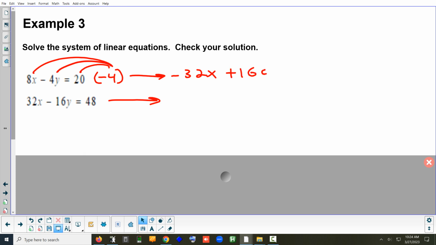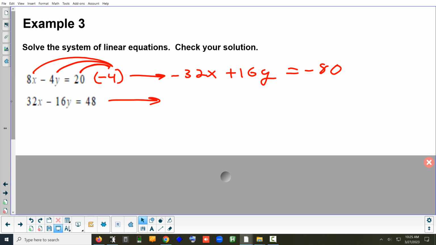Yep. Good. And the last part, might need a calculator a little bit big. What's negative 4 times 20? Anyone think they know? Negative 80. Yep.